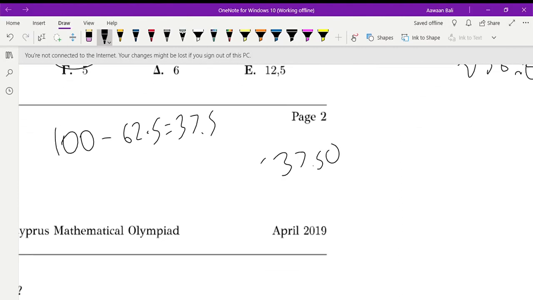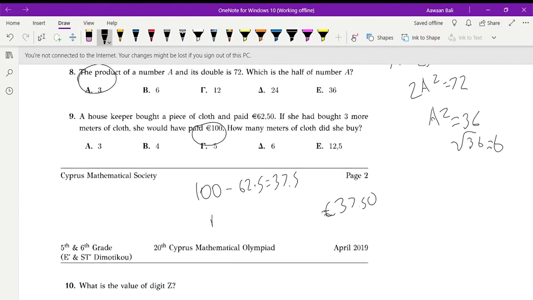We can just take away the 0 for now, so that means €37.50, because if you see here, this is the price of the meters of cloth the housekeeper bought plus 3 more meters, and this is the price of the meters of cloth that she actually bought. So 37.5 would be the 3 meter difference.